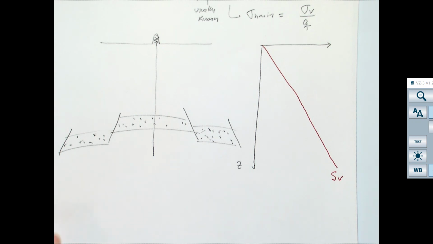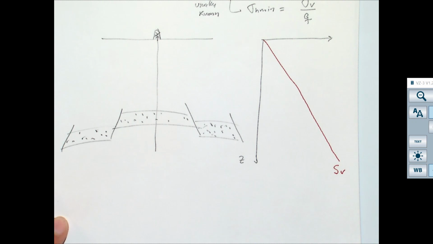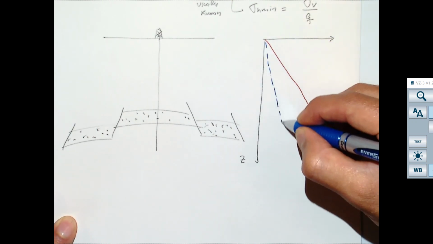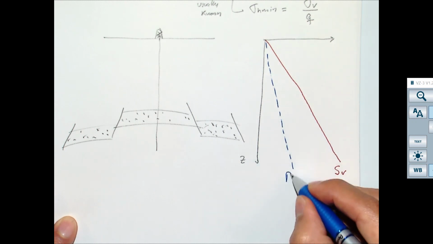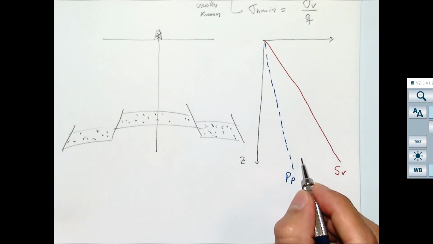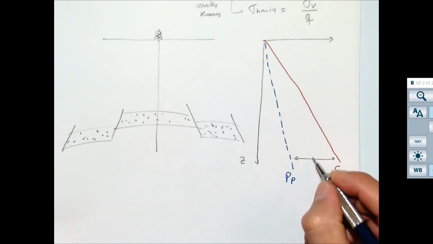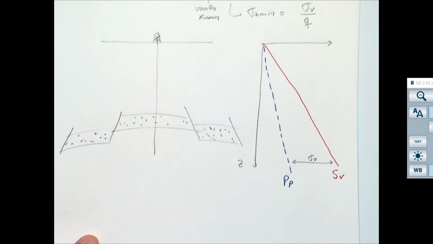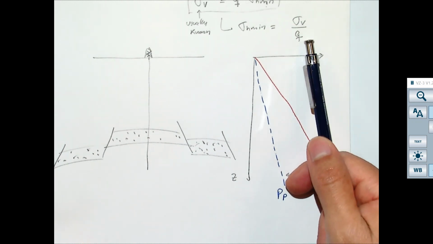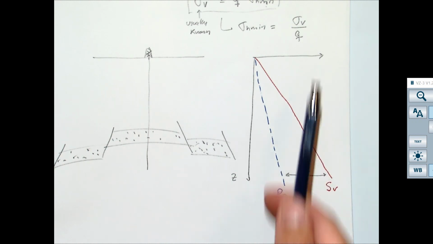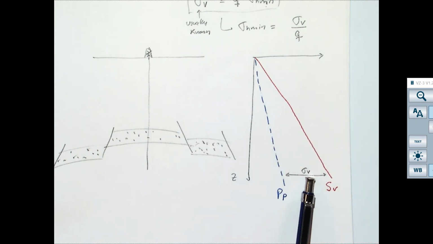Okay, let's come back to this. You have vertical stress, and we also know that we can calculate pore pressure. If we know these two, we know the value of effective vertical stress. What this equation is telling me is that the minimum effective horizontal stress is going to be a fraction of sigma v.